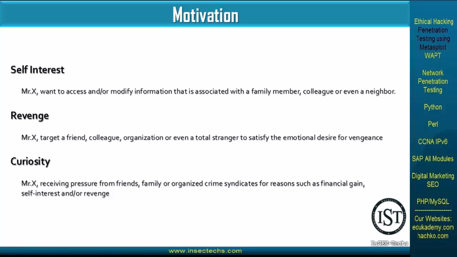And coming to the second one, that is revenge. Mr. X or Miss X targets a friend, colleague, organization, or even a total stranger to satisfy the emotional desire for vengeance. Let me take one example here. Let's say that I have an enemy. My intention is I want to rob his complete money. So how can I do this?